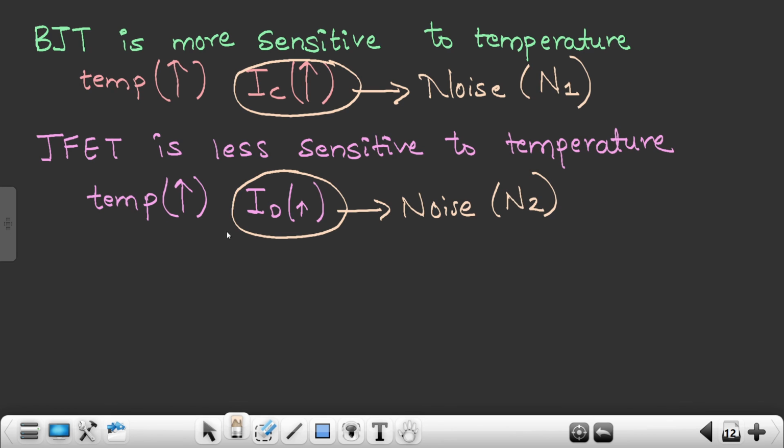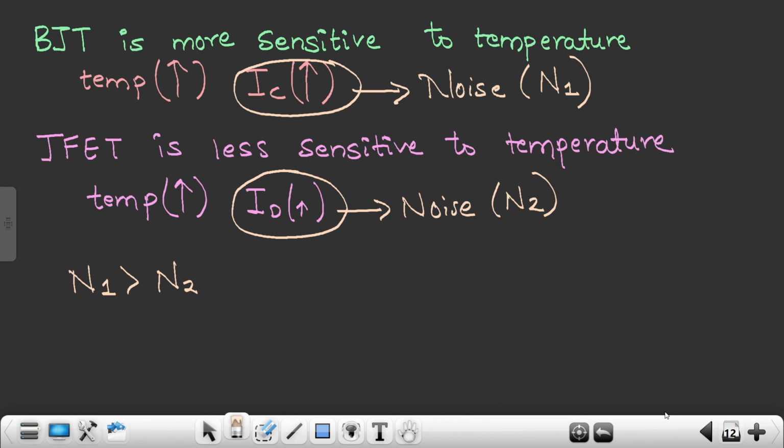It is very less. That means the current generated by this JFET, when the surrounding temperature increases, is very, very less. So N1 is greater than N2. That means BJT is more sensitive to noise as well.